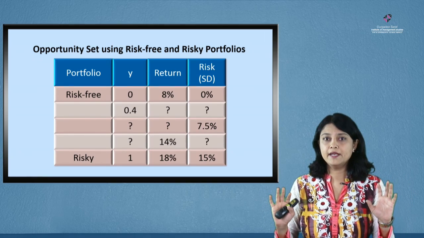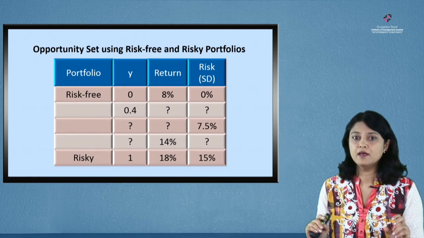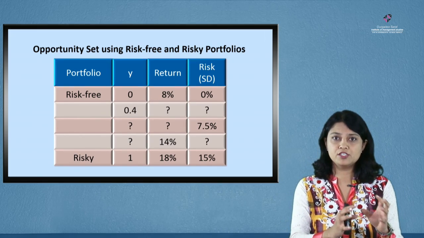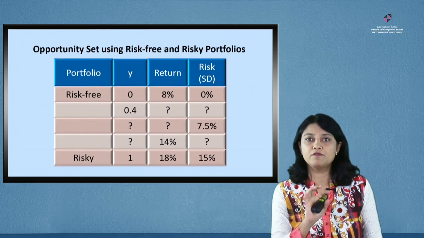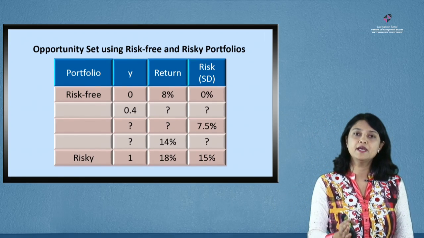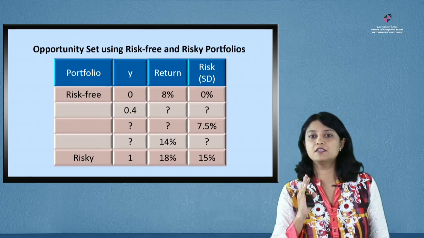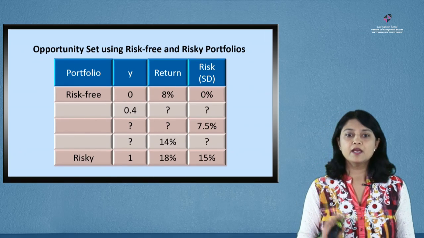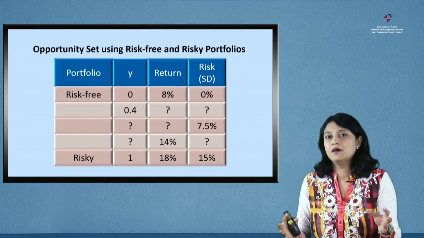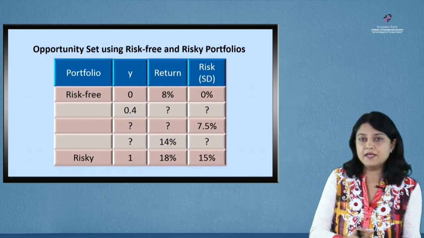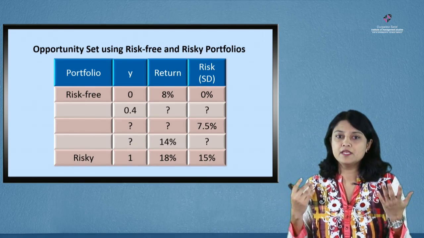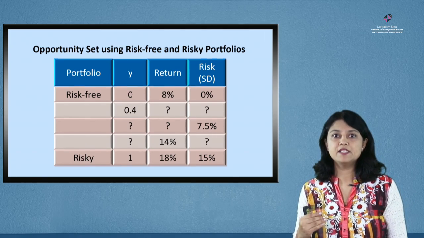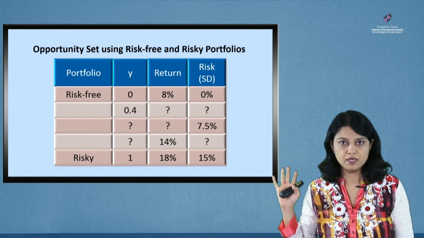So as a client, I would ask my financial planner to prepare a mixture for me, give me the proportion Y in such a way that I end up with 14% return, whatever be the risk. I know the risk will reduce, so I am okay with 14%. Okay, so these are the ways people think about their capital allocation between risky and risk free portfolios. I have shown all these three examples in the second, third, and fourth rows of the table.